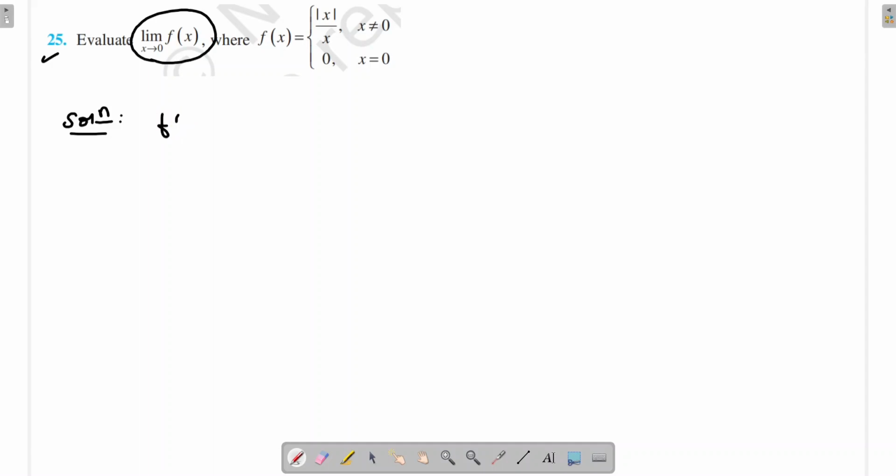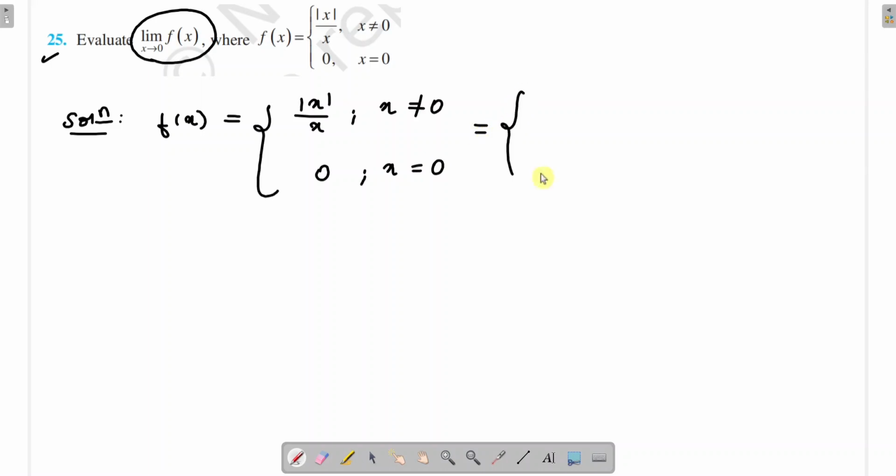So let us see f(x), which is equal to modulus of x divided by x when x is not equal to 0, 0 when x is equal to 0. So this will be equal to what? Modulus of x definition, if you look at it, is modulus of x equal to x when x is greater than or equal to 0, minus x if x is less than 0, right?